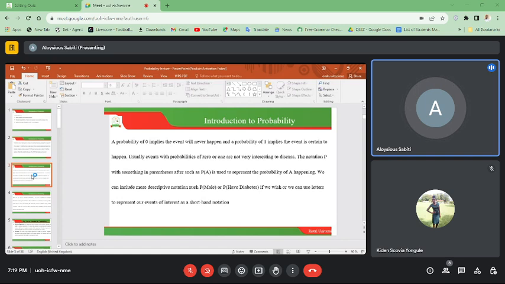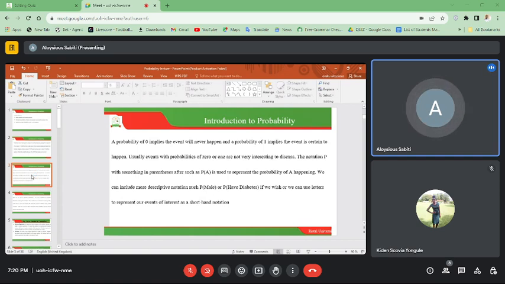A probability of zero, like we said, would imply that the event will never happen, and a probability of one would imply that the event is certain to happen. For any event that has probability zero, that event will not happen.